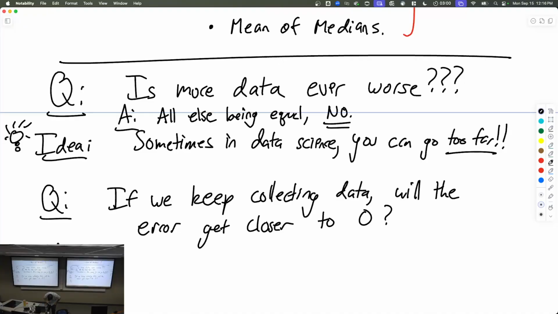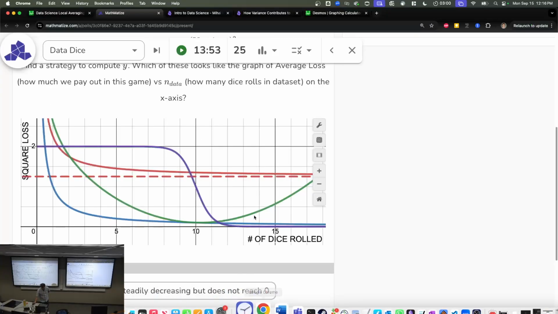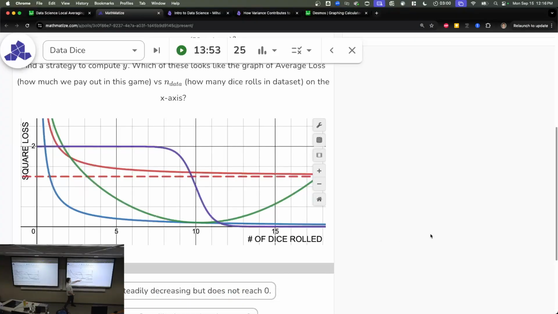Answer. What's the answer? If you selected purple or blue, you think it goes down to 0. If you selected red, you think it just gets closer and closer to this special dotted line. What do you guys think?